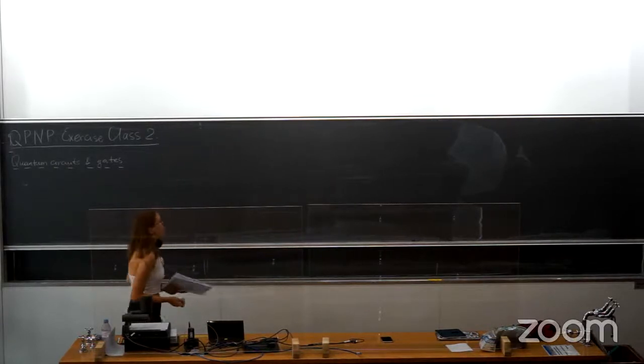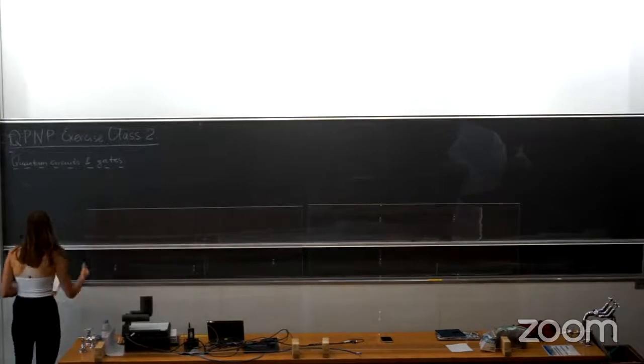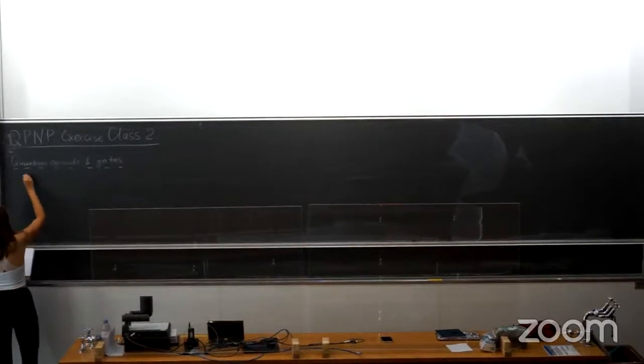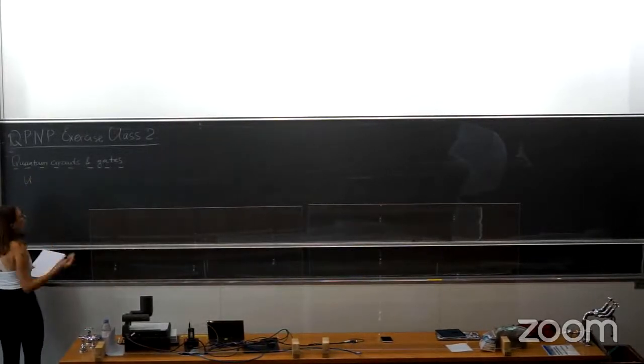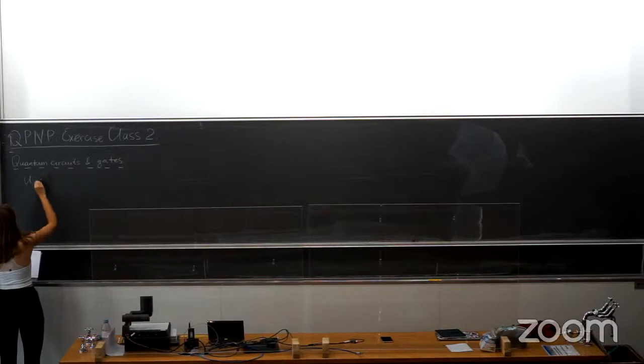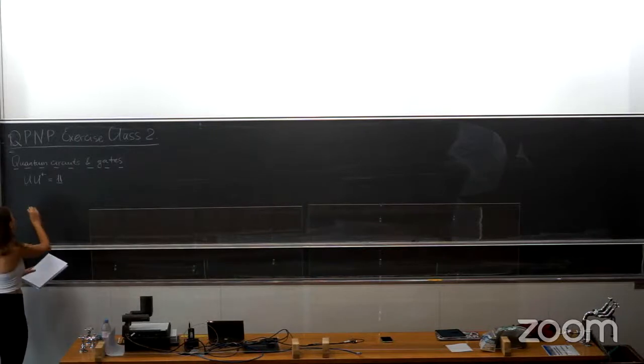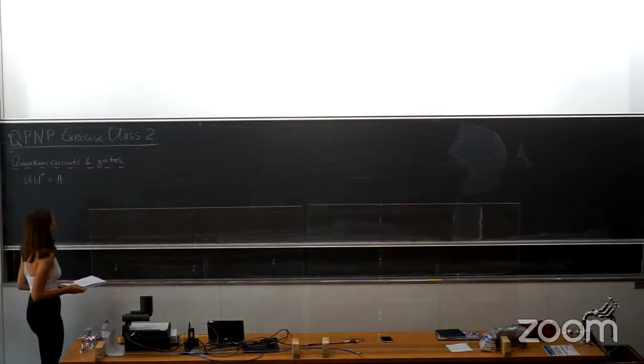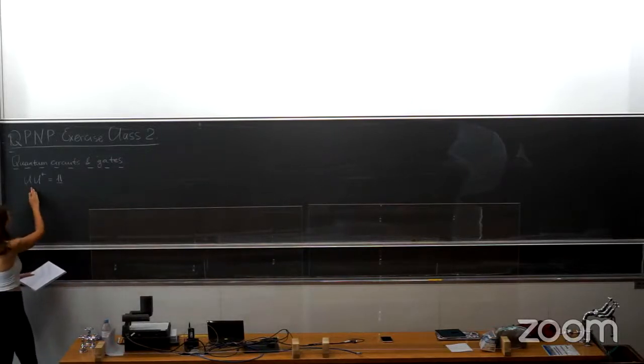So the unitary is a matrix or an operator which obeys this law: basically its inverse is its complex conjugate. Usually we denote this unitary as U.